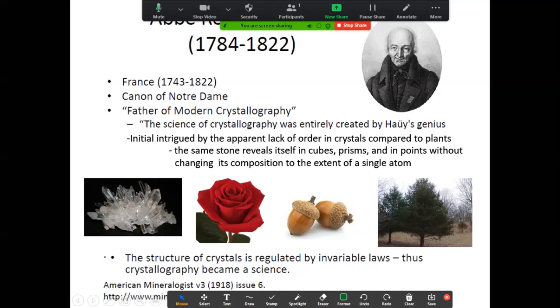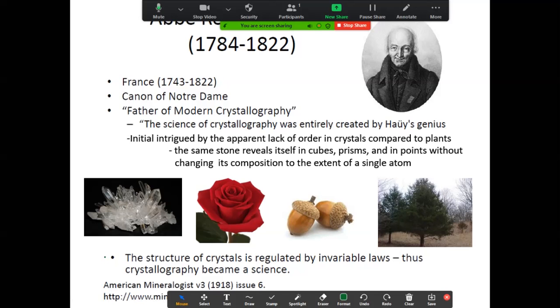And then we have the father of modern crystallography, Abbe Rene Just Hauy, and he was actually a canon of Notre Dame, which was the building that burned down a few years ago. And he's actually who started this type of study called crystallography.